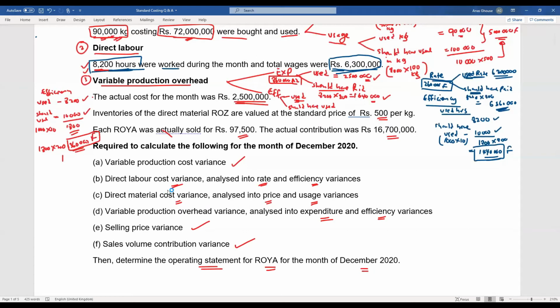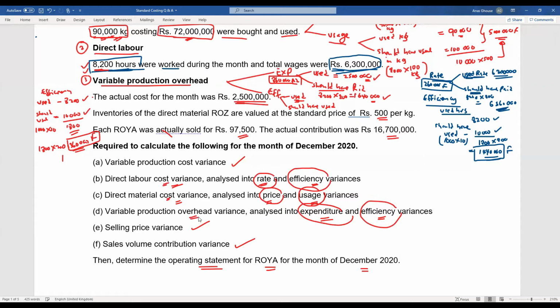However, we have calculated these main variances: direct labor rate and efficiency, direct material price and usage variance, and variable production overhead expenditure and efficiency variance are also calculated. Now we need to calculate basically the cost variances.